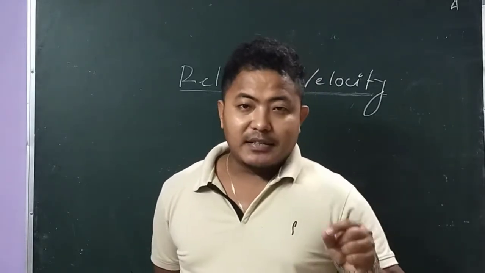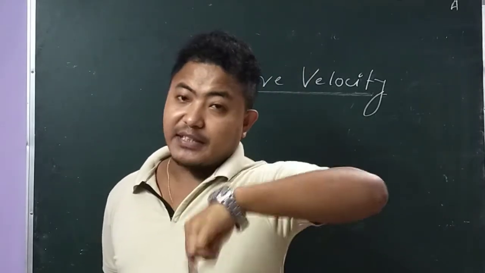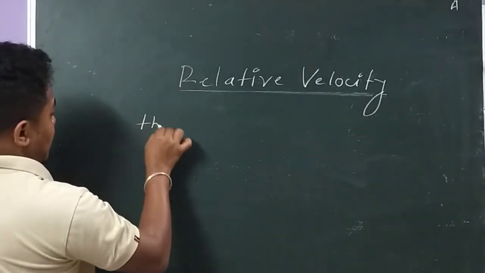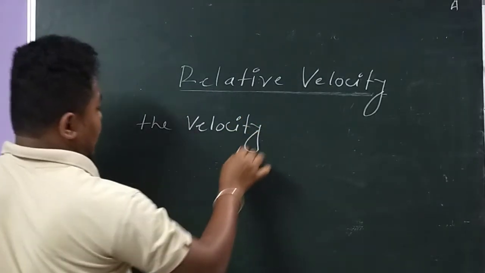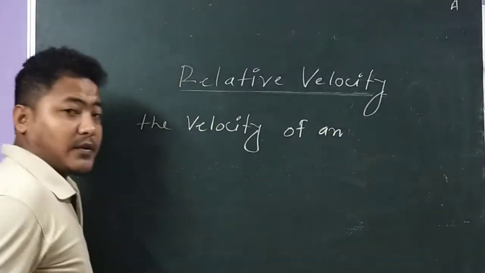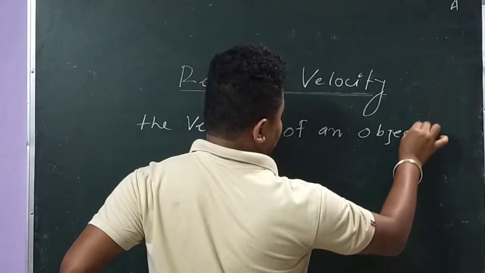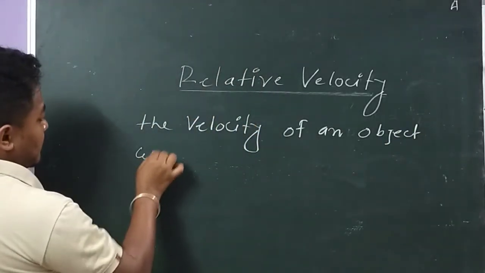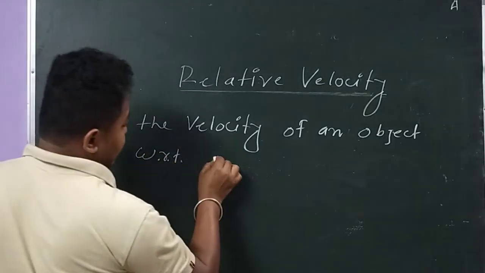When we find the velocity of an object with respect to another object, you can write: the velocity of an object with respect to another object.